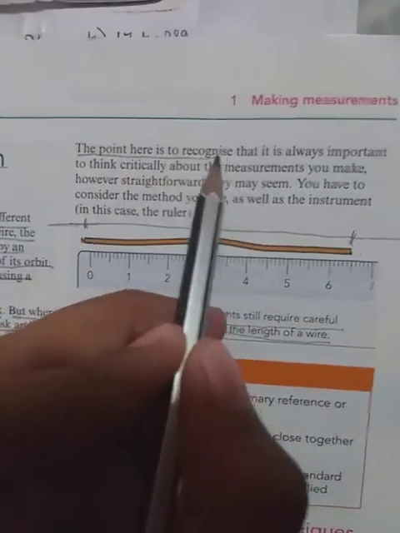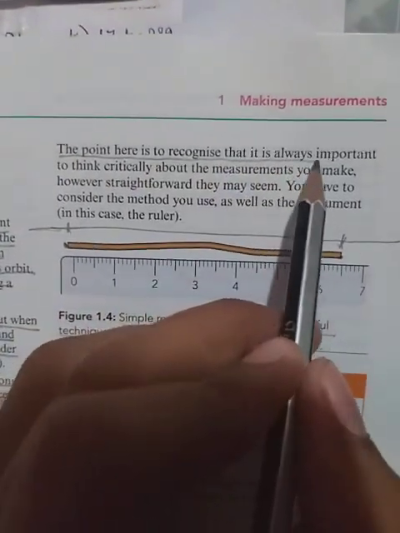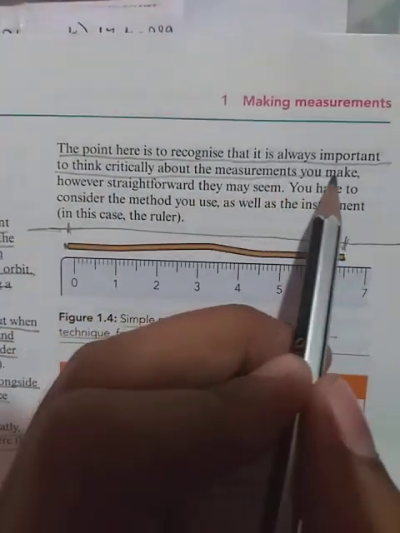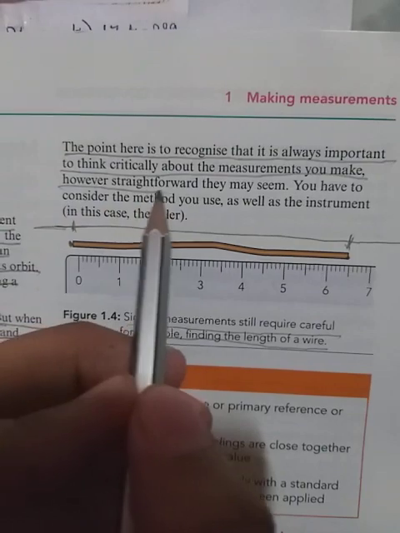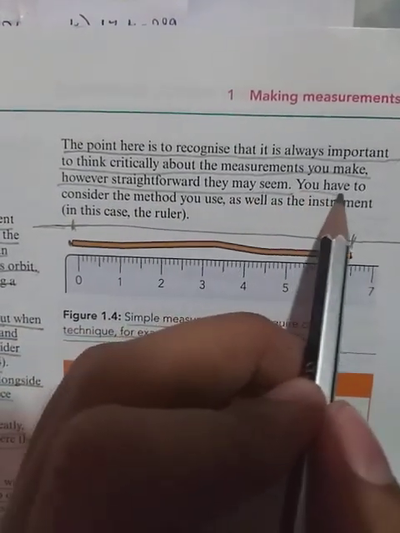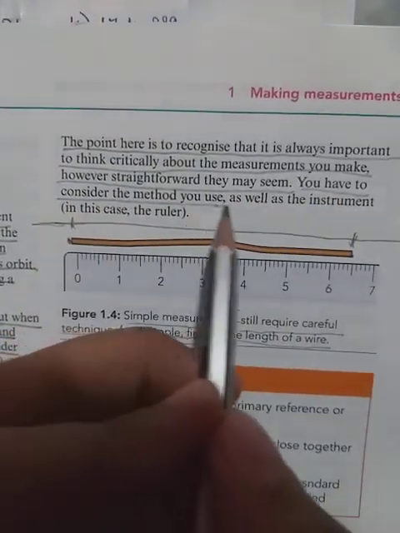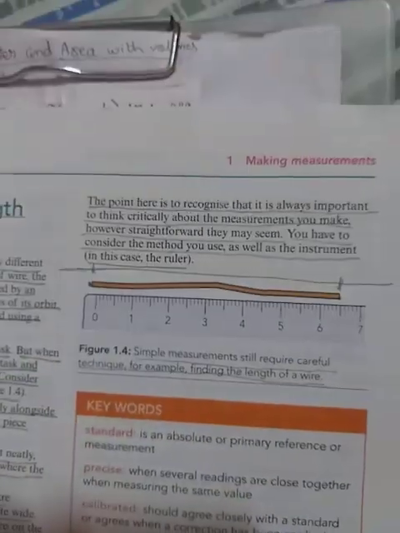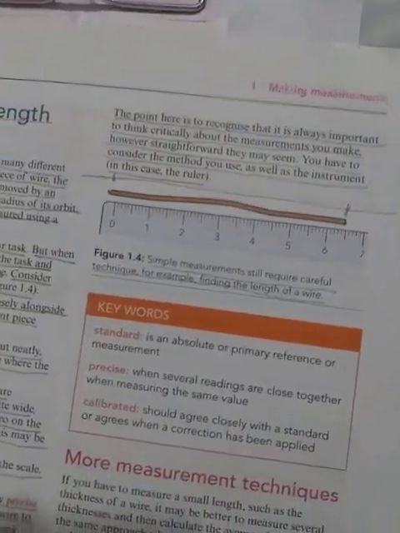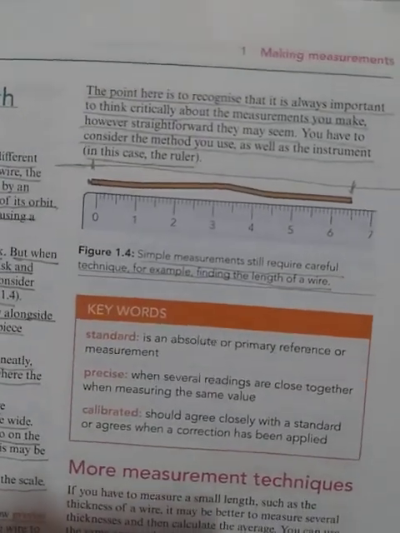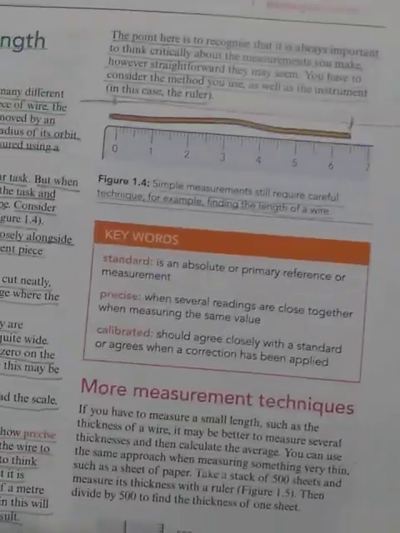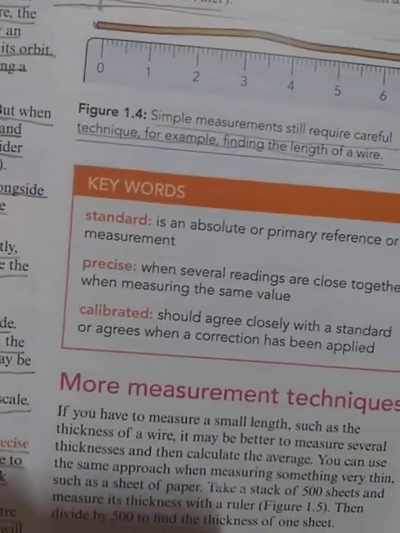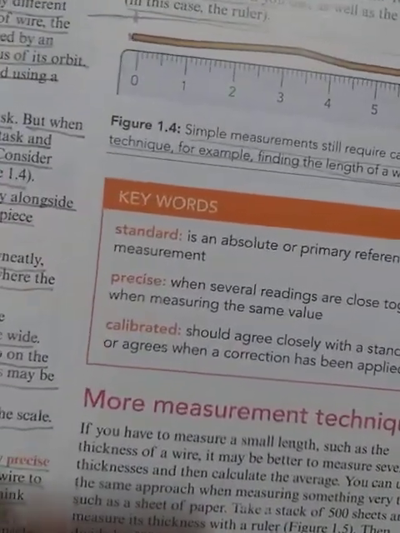The point here is to recognize that it is always important to think critically about the measurements you make. However straightforward they may seem, you have to consider the method you use as well as the instrument, in this case the ruler. Okay, so it's asking, are you really sure? How can you be so sure that the length of the ruler is completely accurate?